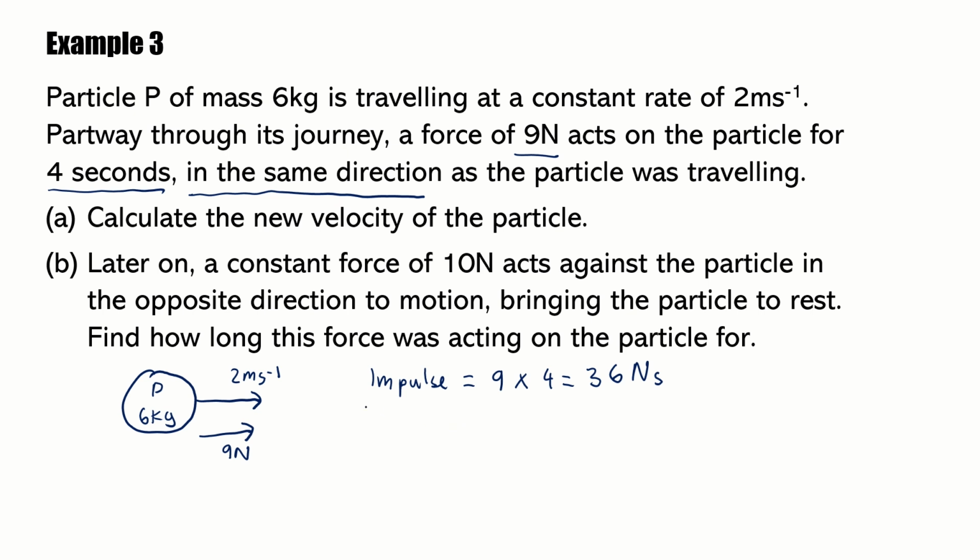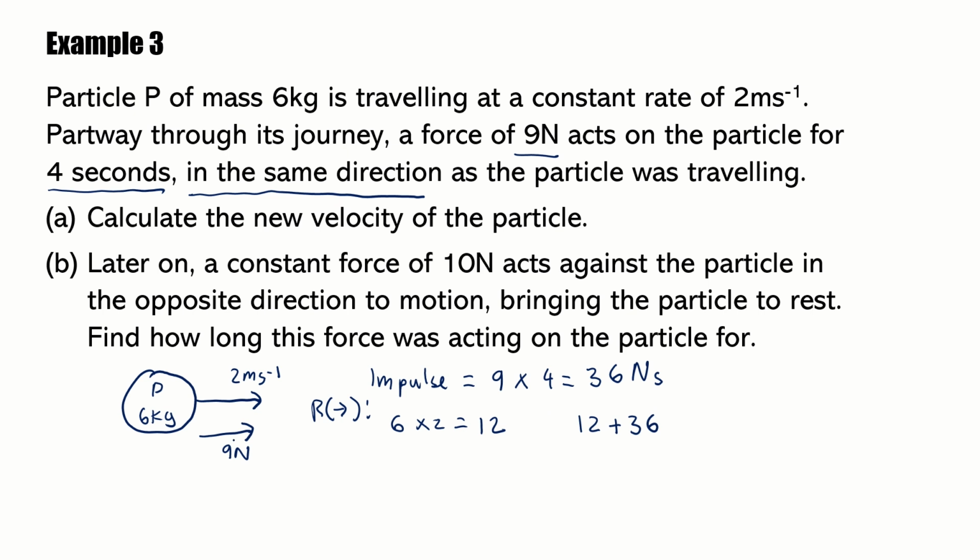Just like in example 1, we can now calculate the new velocity by first calculating the new momentum, because the original momentum before that impulse would have been 6 times by positive 2, if I make right my positive direction again. So we've got a momentum of 12, but then we've got this impulse of 36, so it's going to be the old momentum plus this new impulse.